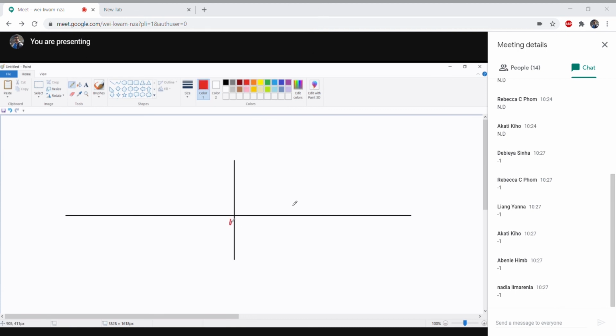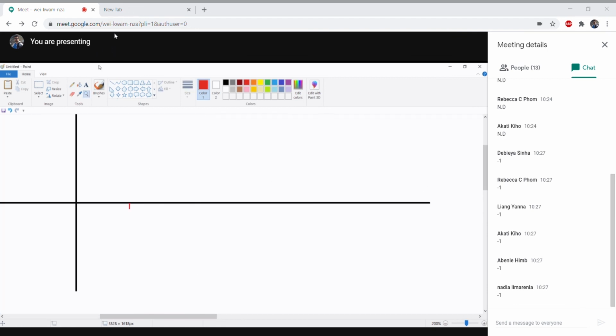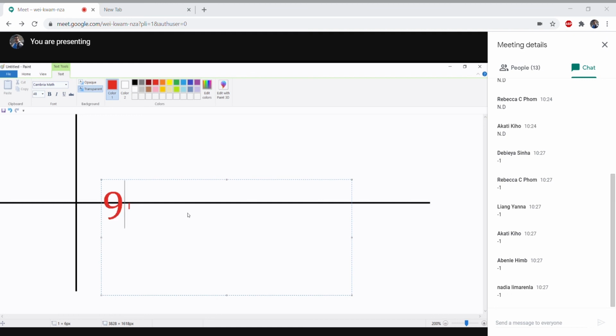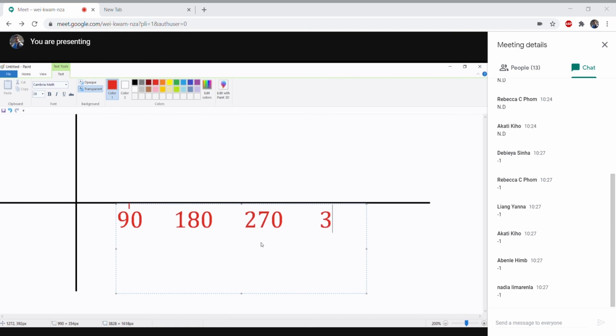This is 0 degree, this is 90, then 180, then 270, 360.